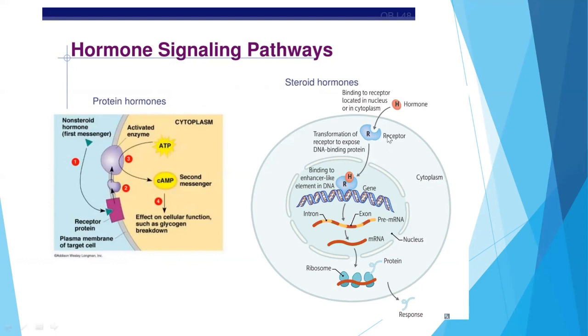This complex will migrate into the nucleus and bind to the enhancer-like element in the DNA. Then transcription and translation occur, leading to the formation of mRNA. The mRNA then will produce a protein, and this protein will produce a response.